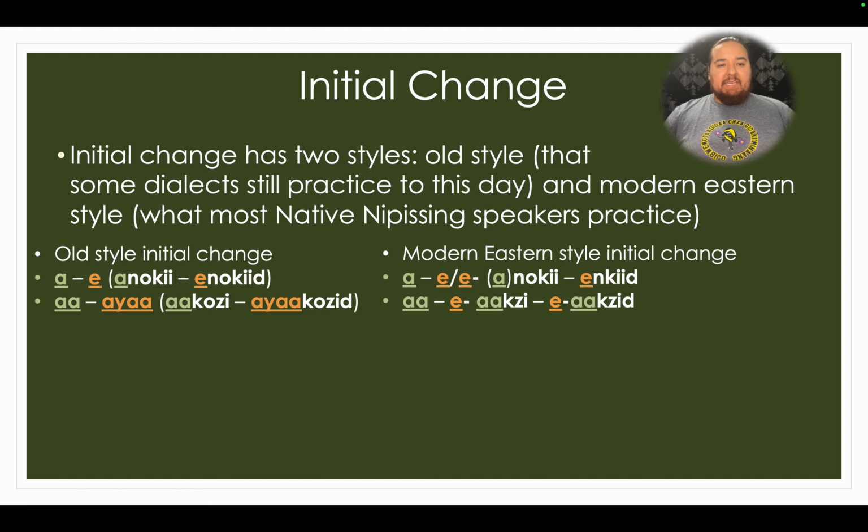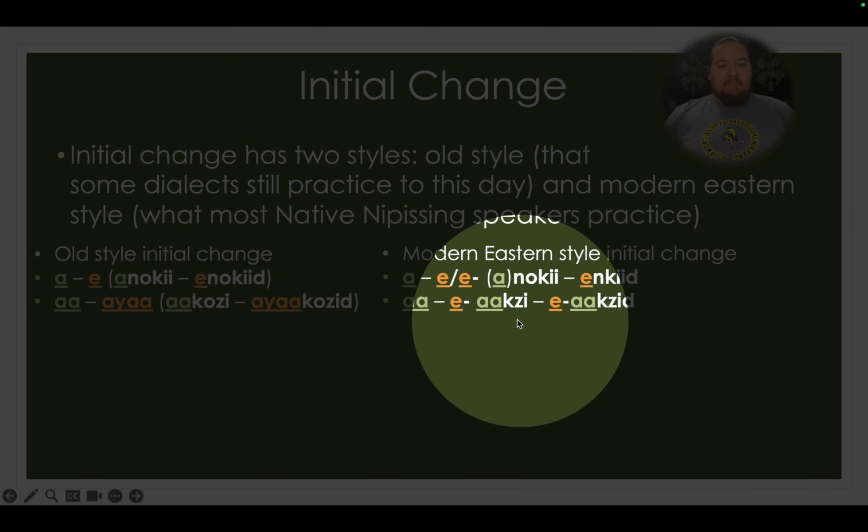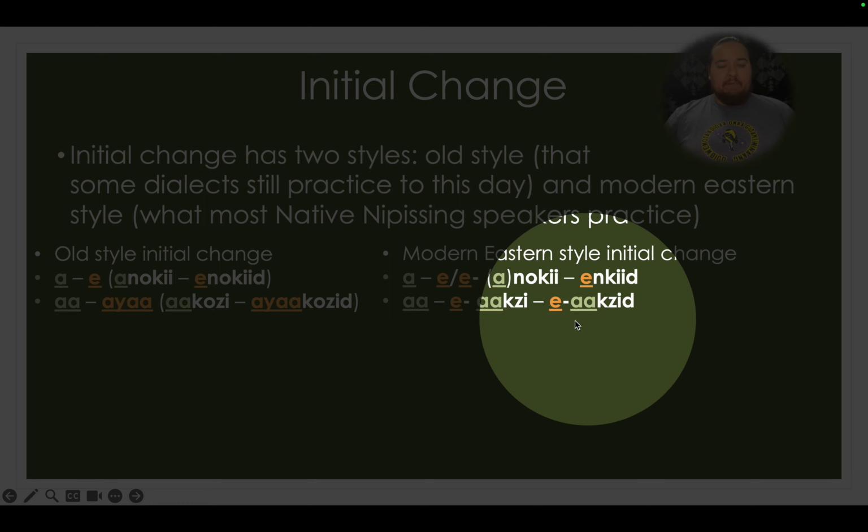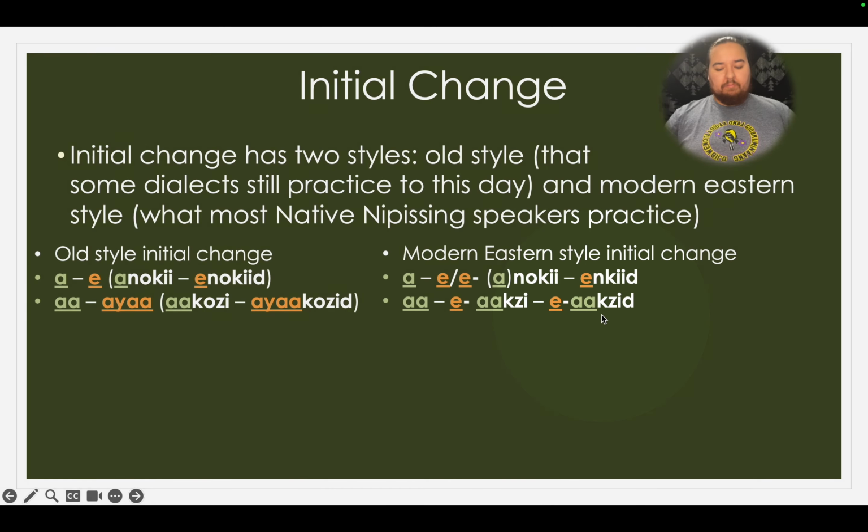So for Nipissing, instead of changing our ah sound, we're going to add the prefix of a hanging E. So oxe to eoxid. Oxe, he or she is sick. Eoxid, the one who is sick. Old style, an E sound would be changed to aye. So debwe, he or she speaks the truth.